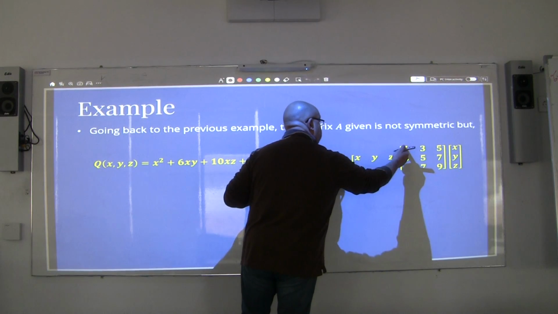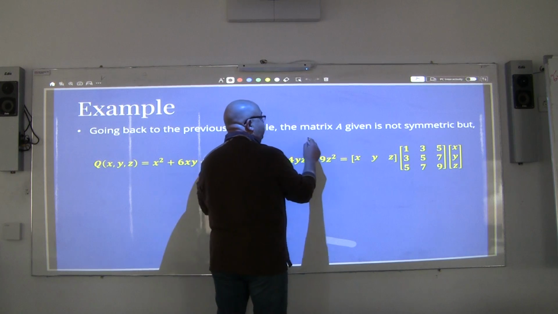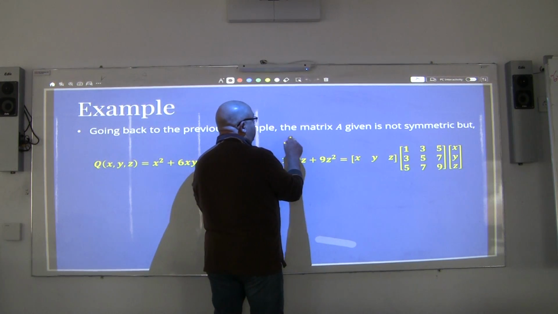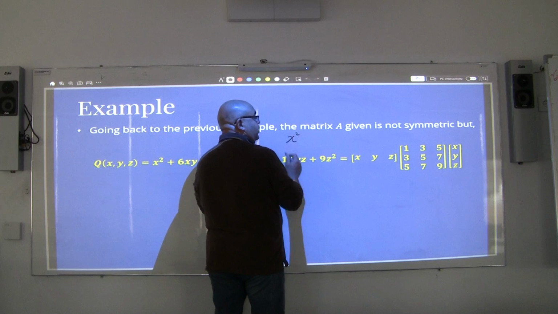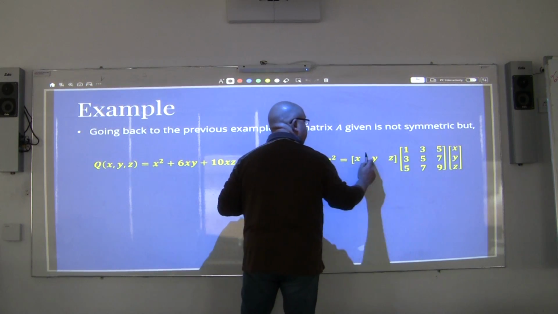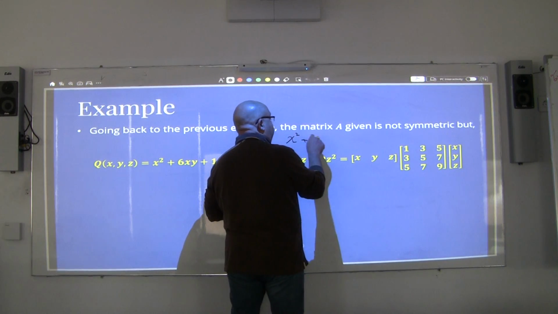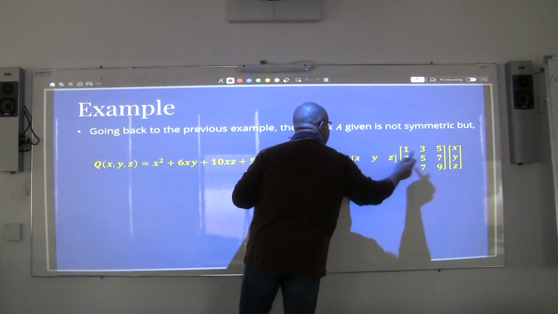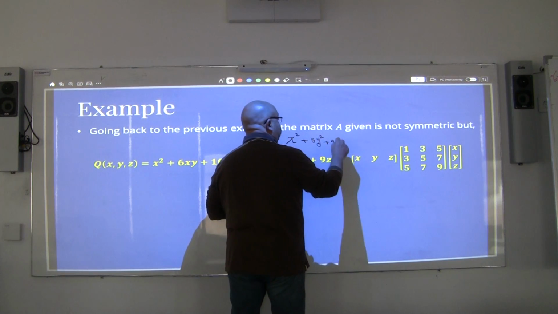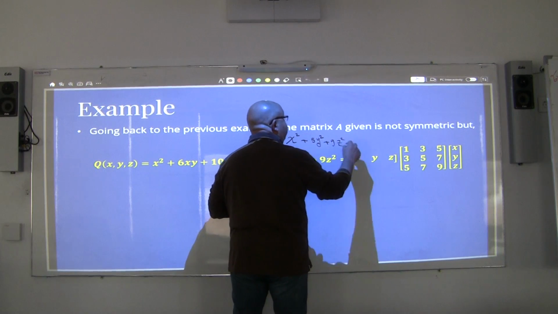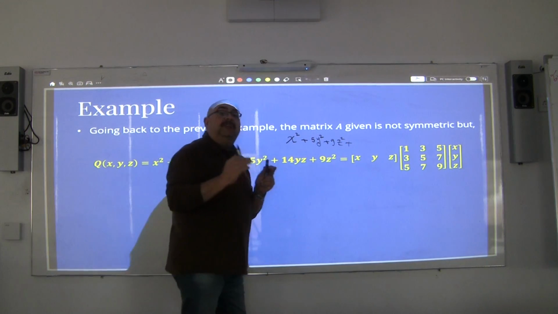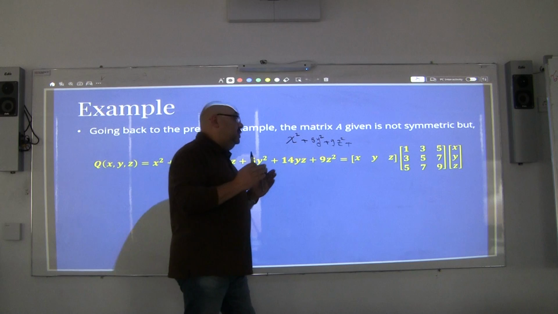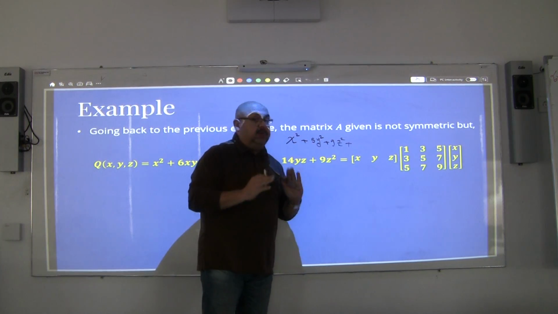So I will start with 1, the coefficient of x squared, so it's 1 times x squared. Then the 5 goes with the second element, so it's 5 times y squared. Then I will have 9 times z squared.